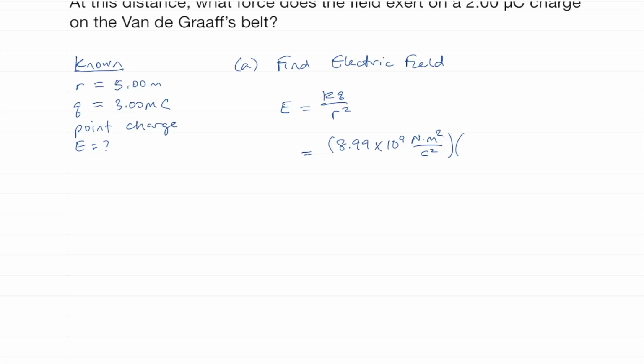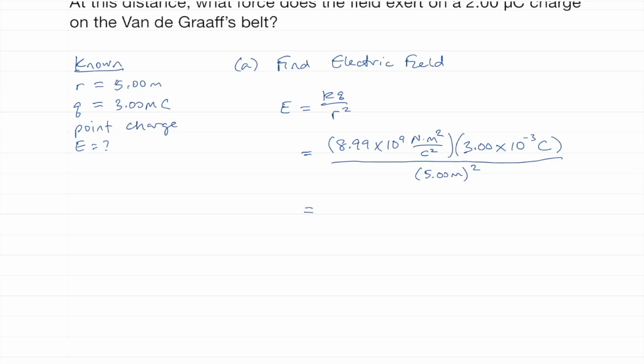Q is 3 millicoulombs. We're going to convert that to coulombs, so I'm going to replace the m with a times 10 to the minus 3. That will be coulombs. And divide all that by the distance, which is 5 meters, and we need to square that.